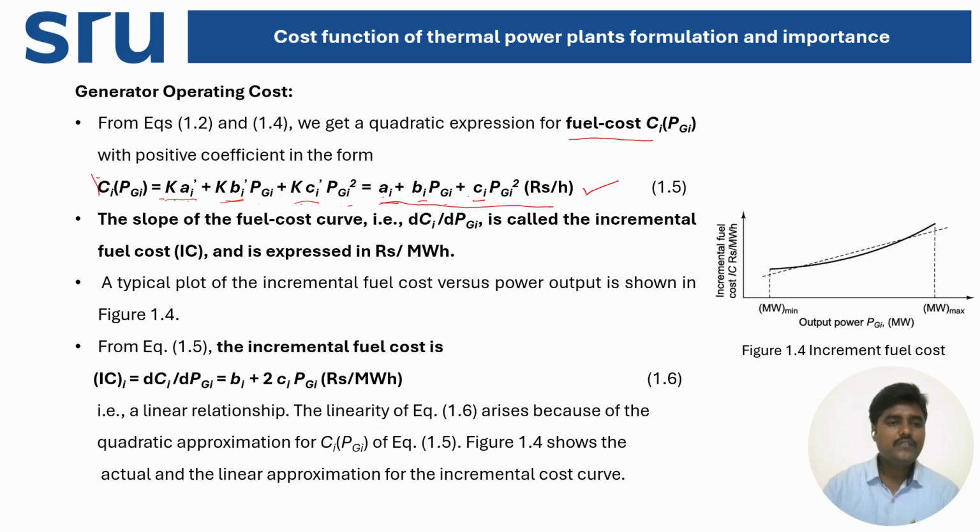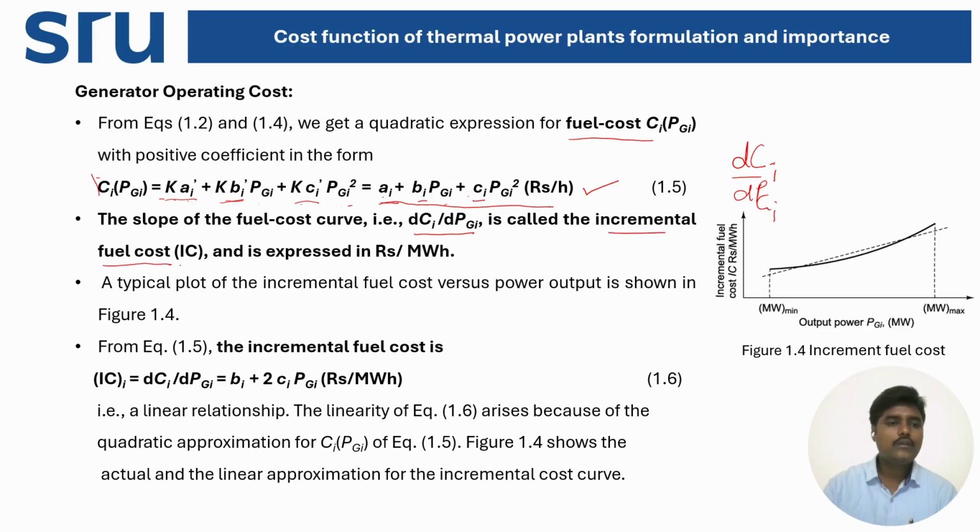So the slope of this fuel cost curve, the slope means you have to differentiate this fuel cost function with respect to the variable power output PGi. So that fuel cost curve differentiation is nothing but dC by dPG. If you want to express for ith unit, you can express as dCi by dPGi is called incremental fuel cost.